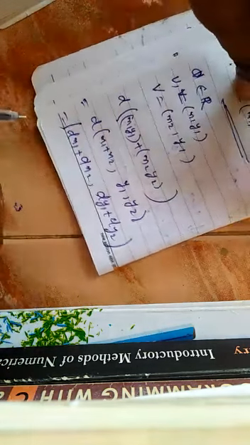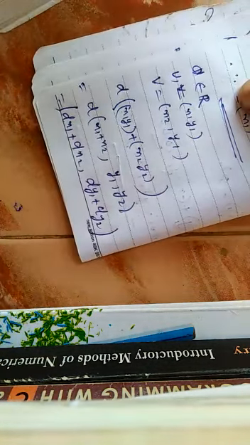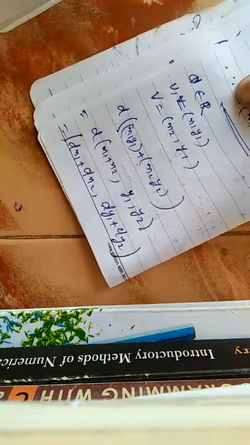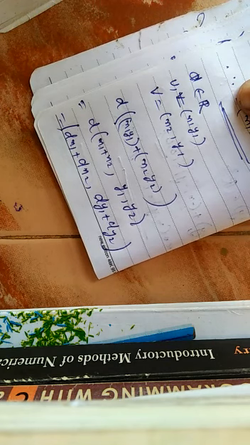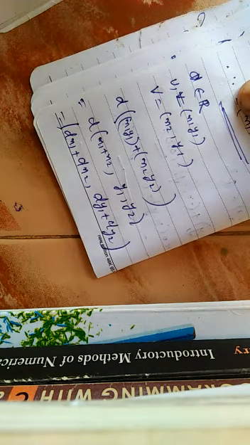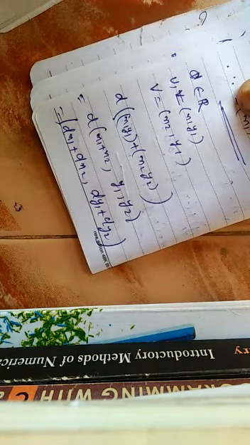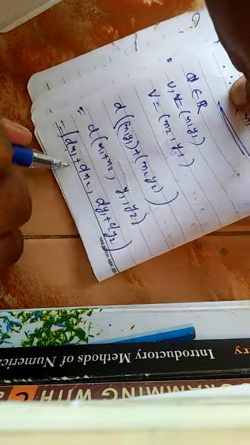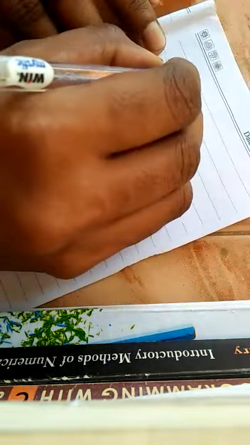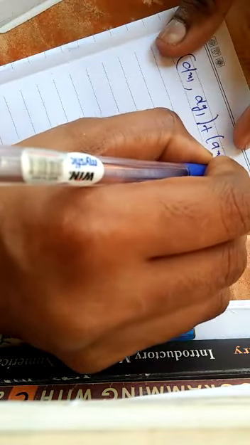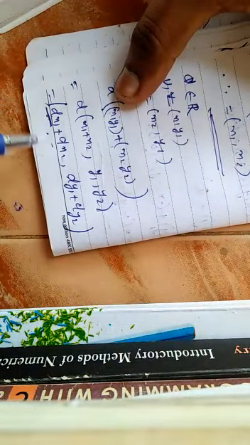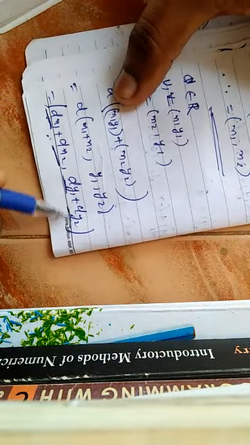That can be written as (alpha x1, alpha y1) plus (alpha x2, alpha y2).